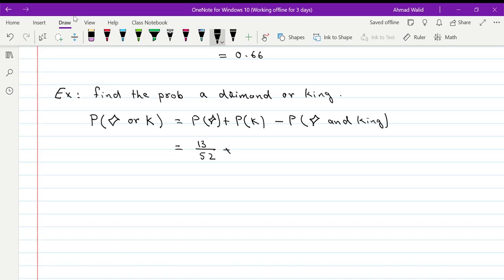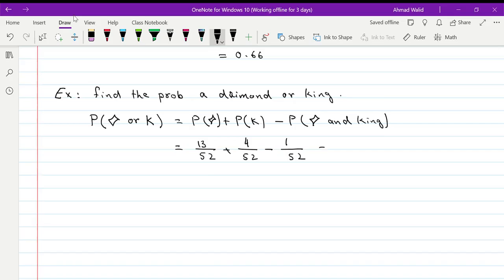Now, what is the probability of having a diamond? 13 over 52. Plus, how many kings do you have in a deck of cards? 4 over 52. Minus what? Where is the overlap? Diamond king, a king of diamond, which is 1 in your deck of cards, over 52.